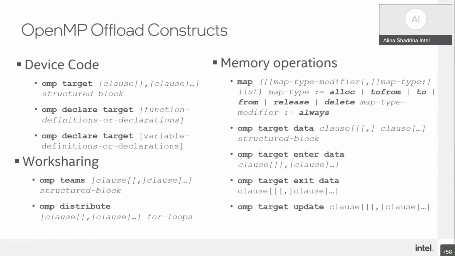So this is a general overview of offloading constructs. We will discuss all of them today, and as you see, there are three groups of constructs: constructs that help us tell the compiler which code is for a device, some work sharing constructs, and constructs that are responsible for memory operations.